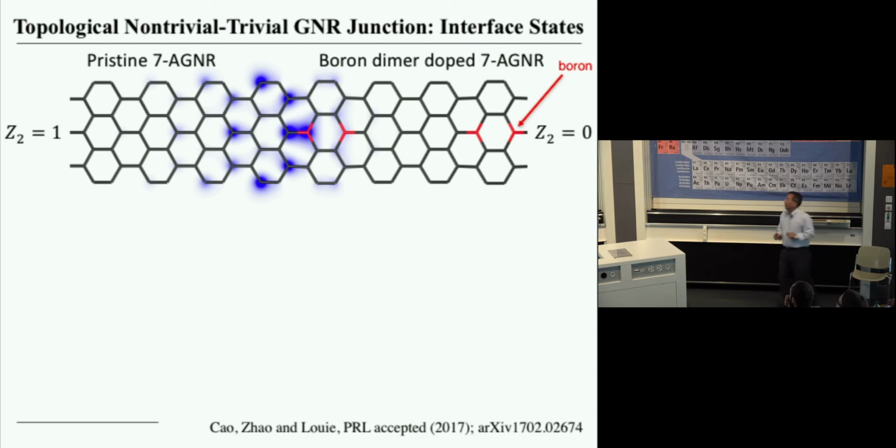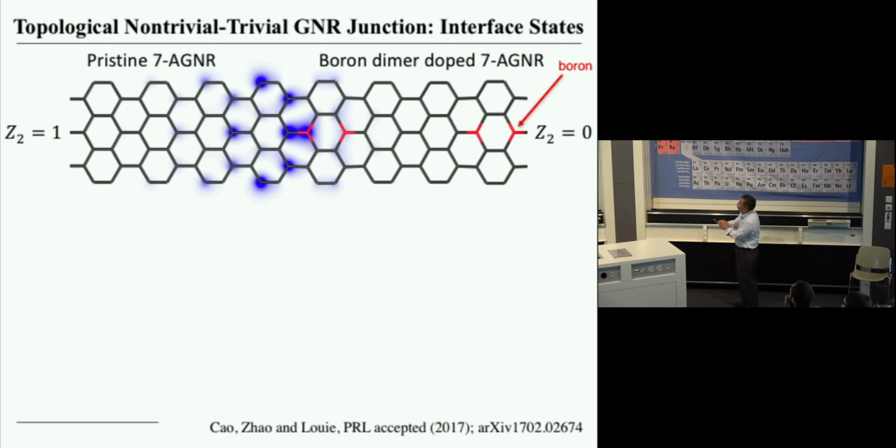Even more interesting is that you could modify the topology of the system by doping. For example, here I look at the case of a pristine 7 armchair graphene nanoribbon in junction with the periodically boron-doped case, which I mentioned has already been synthesized experimentally.